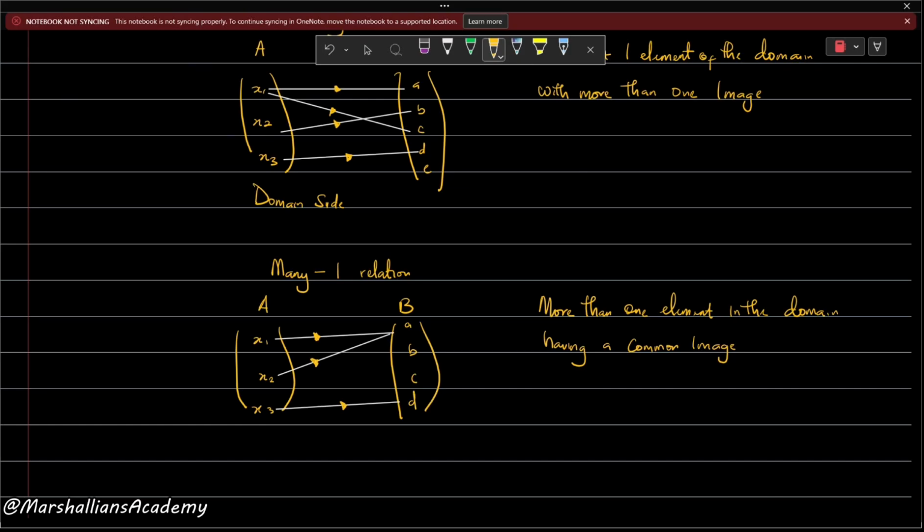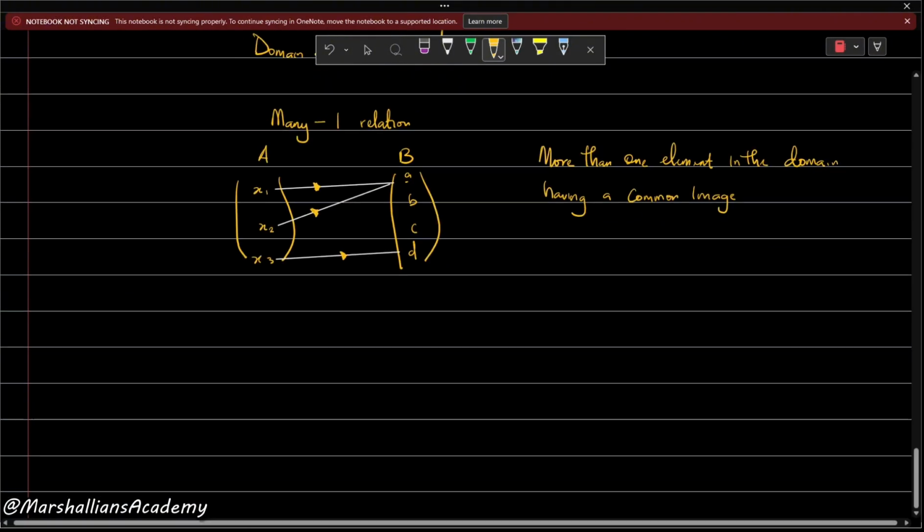Each has only one pre-image. But in your many-to-one relationship, element A has two pre-images, x1 as well as x2, which means x1 and x2 have one common image, A, and this is a many-to-one relation.